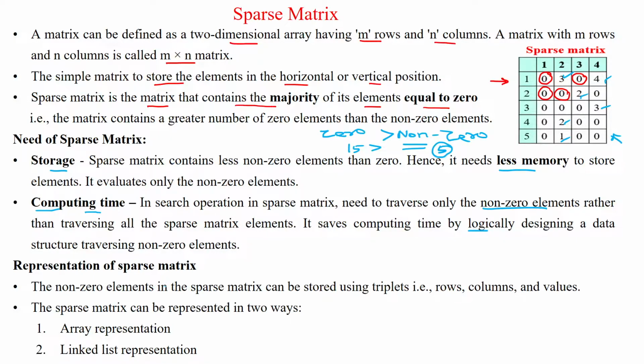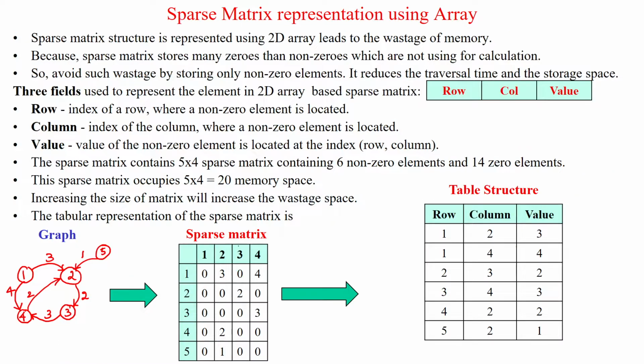Representation of the sparse matrix can be done using triplets, which have row number, column number, and value. It can be represented by using two data structures, array and linked list. First, we will see the sparse matrix using array representation. The sparse matrix can be represented by a two-dimensional array, which leads to wastage of memory.